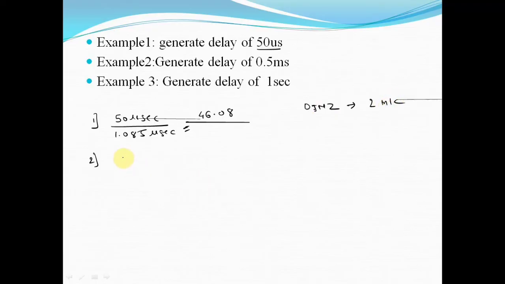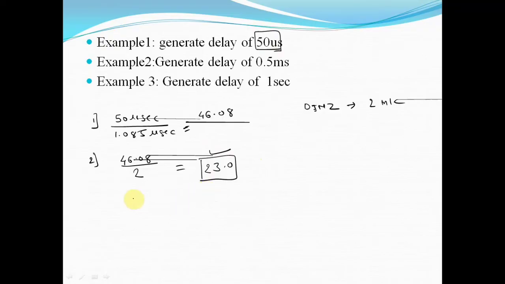So you divide this 46.08 by 2, and it comes out to be 23. So the count value you are going to load for generating a delay of 50 microseconds is 23. Using this value, you are now going to write your delay.